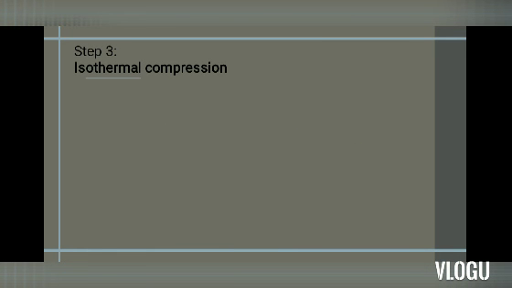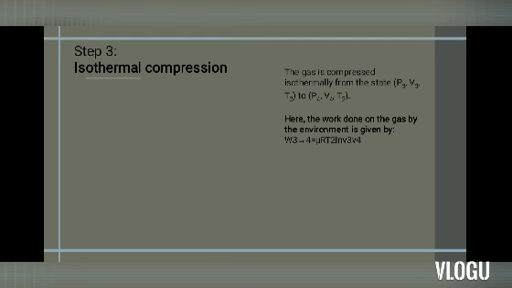Step 3 is isothermal compression. The gas is compressed isothermally from the state pressure 3, volume 3, temperature 2 to pressure 4, volume 4, temperature 2. Here the work done on the gas by the environment is given by the relevant expression.